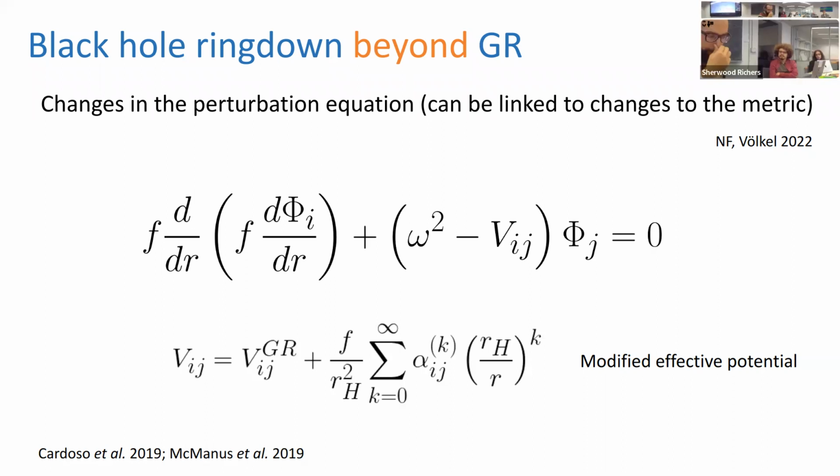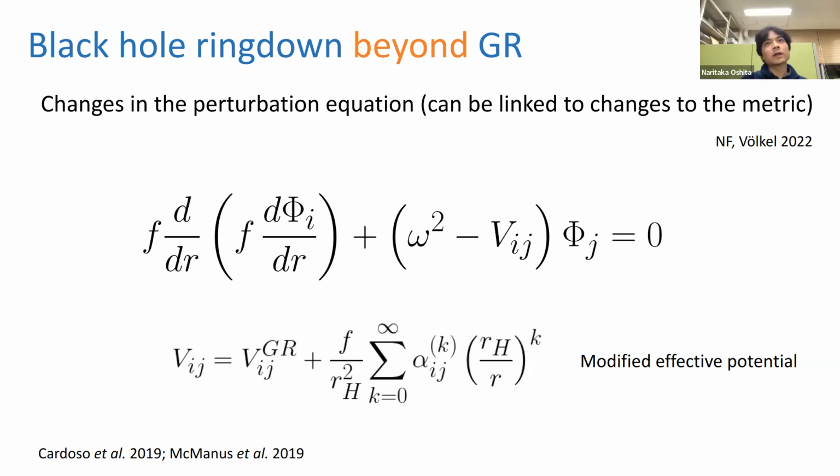No, this is true, but for the LIGO detections, I think the spin of the black holes that they see is around 0.7. So it's high, but I don't think it's sufficiently high to have these long-lived modes. I think they appear closer to the Kerr limit, if I'm not wrong.